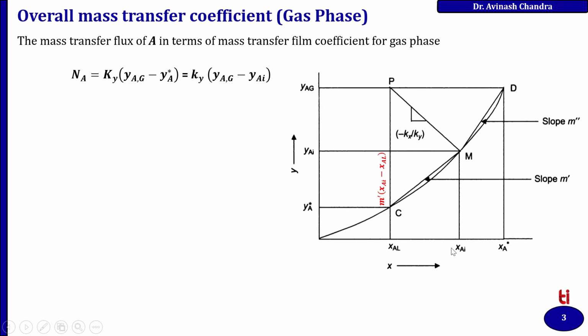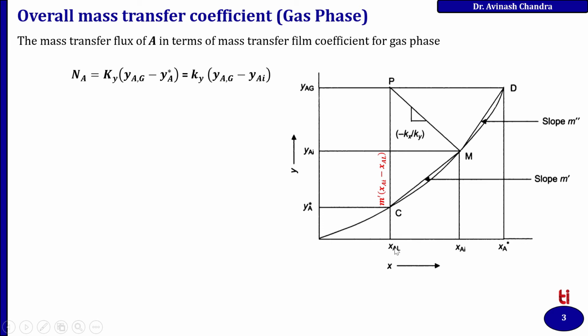So the procedure is that when you know some concentration in the liquid phase or gas phase, say you know xAL, the concentration in the liquid phase, then just draw the vertical line from here. Where this line cuts the curve, draw the horizontal line. The horizontal line will provide the equilibrium concentration with respect to this concentration.